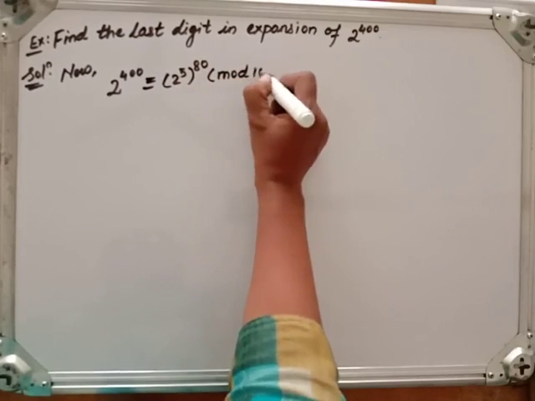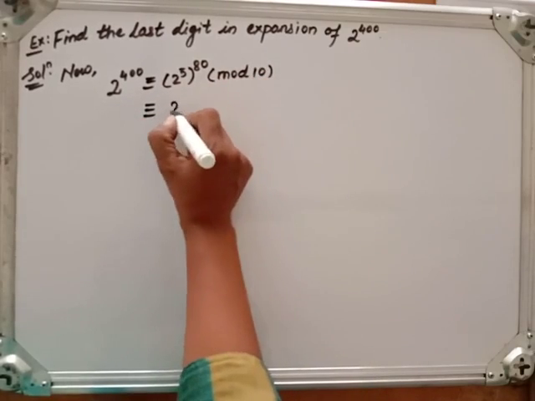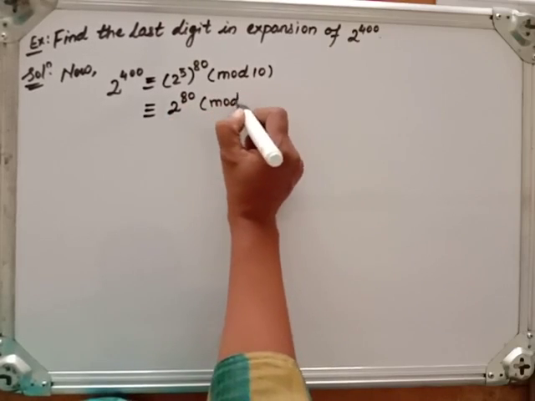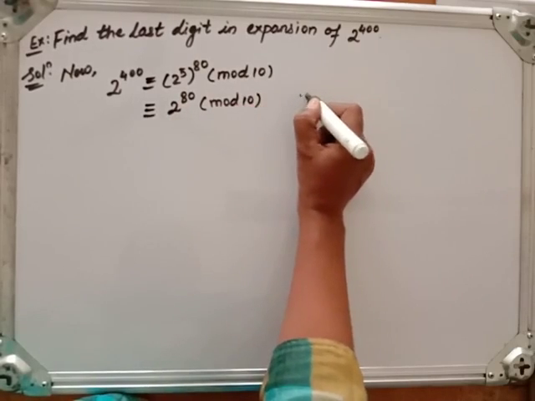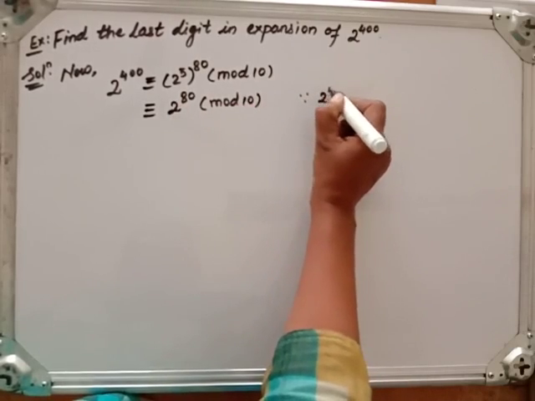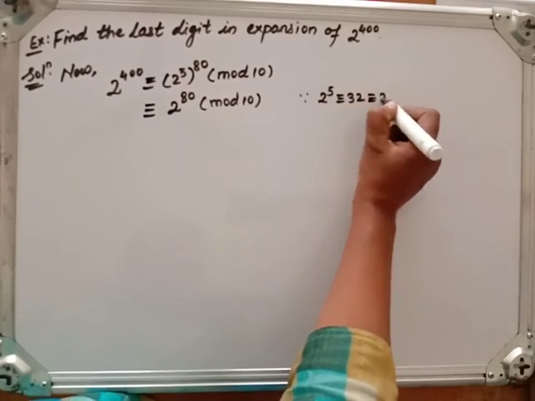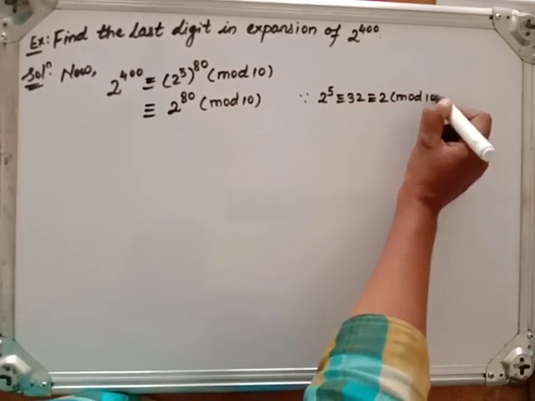Modulo 10, now this can be written as 2 raised to 80 modulo 10. Why does this hold? Because look here now. Since 2 raised to 5, that is how much? 32, and that is congruent to 2 modulo 10.